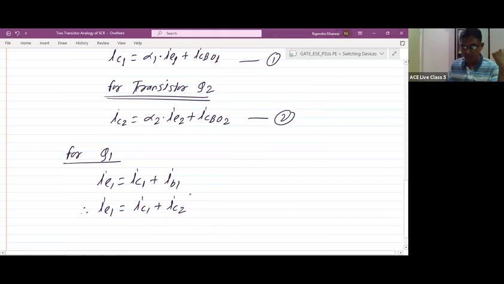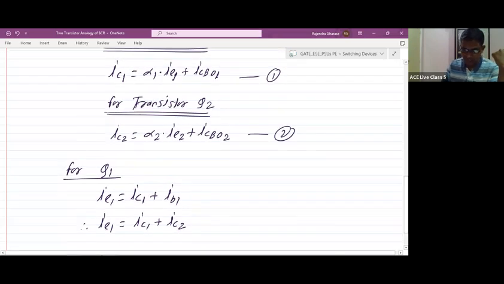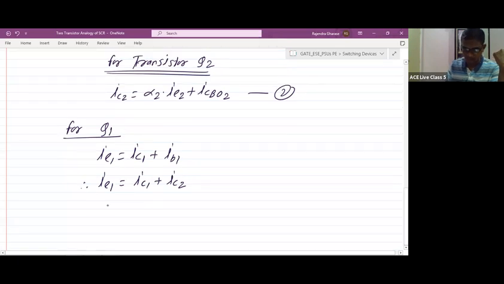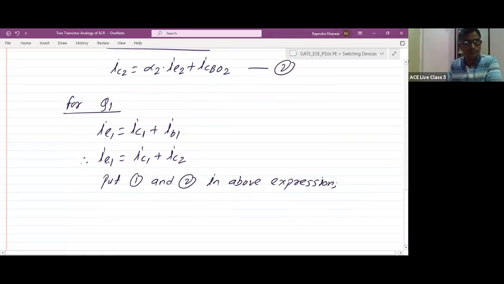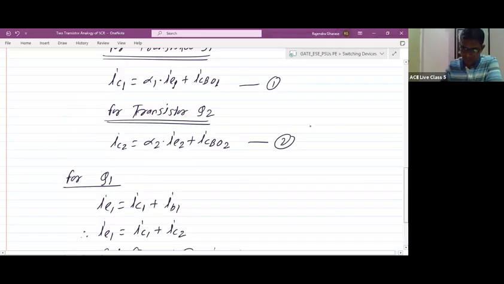Now we put equations 1 and 2, that is IC1 and IC2, in the above expression. IE1 is IA, since we have written IE1 is equal to IA.